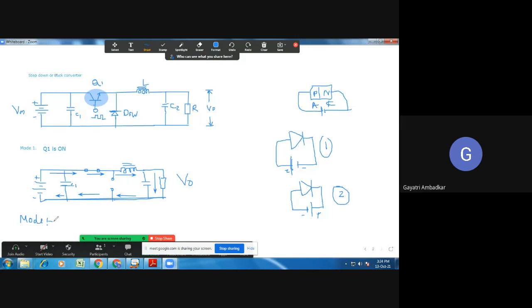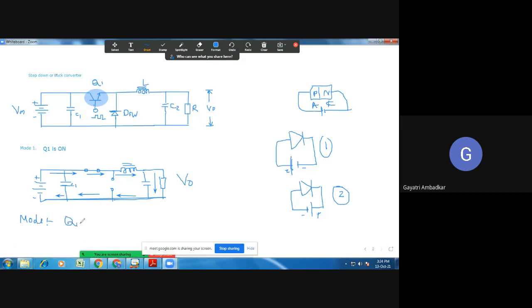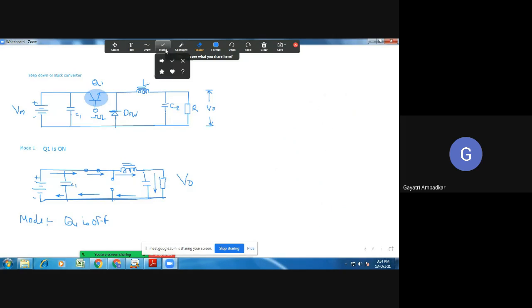Let us consider that Q1 is off. When Q1 is off, how will this circuit look? Mode 2.